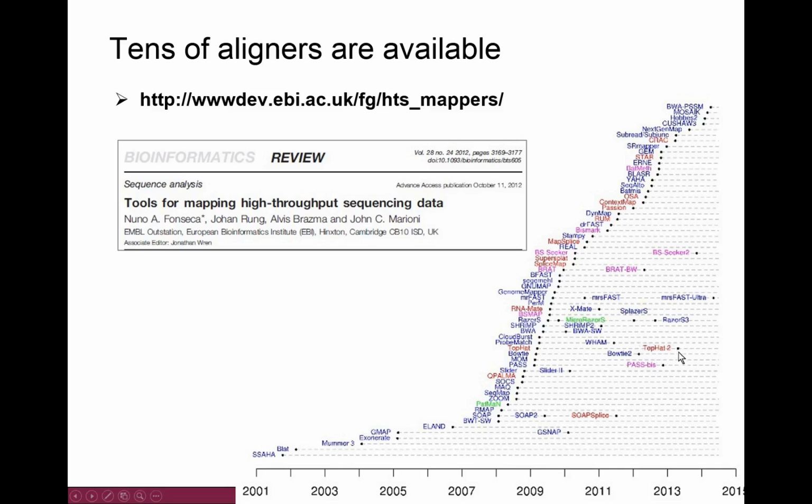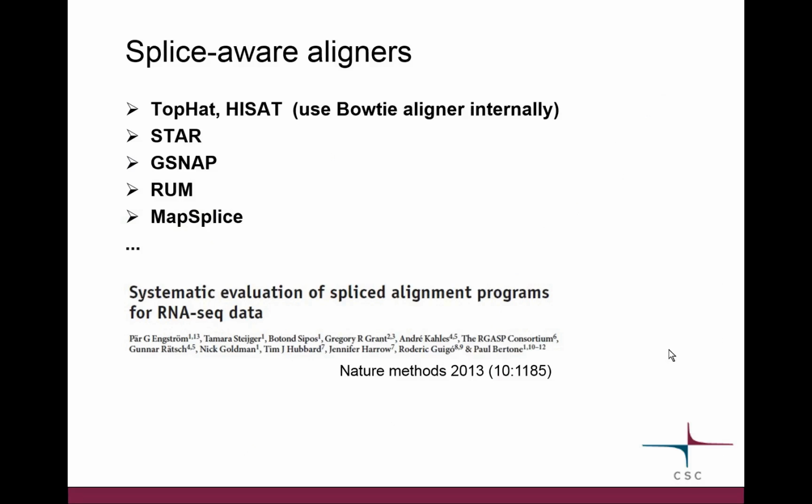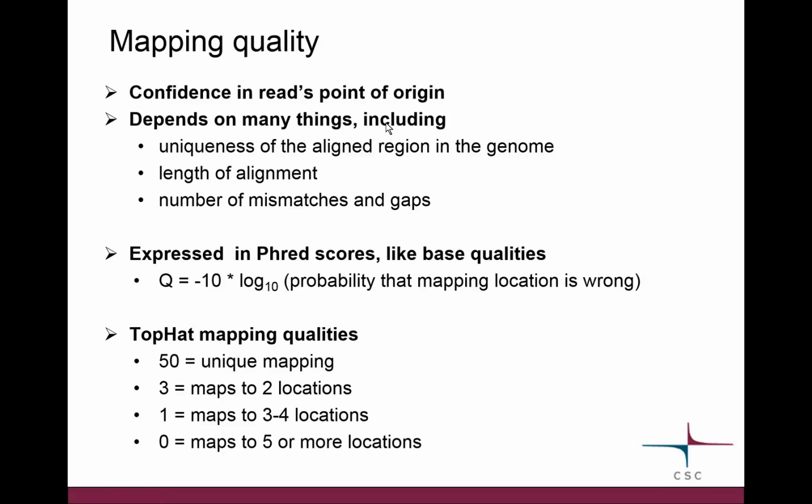And also to note is that the people who made TopHat have also made another aligner recently called HiSat, which we might also integrate. And again, there is quite a good comparison paper where people have tried the different aligners from various aspects. But today we are using TopHat, which is probably the most used aligner for RNA-seq data. And internally it uses another aligner which is called Bowtie.